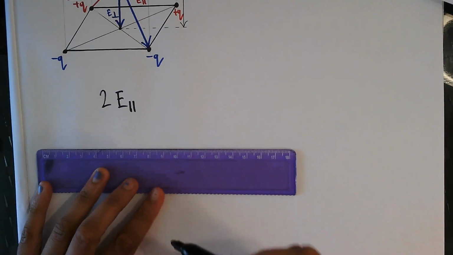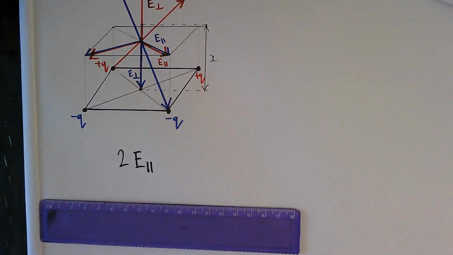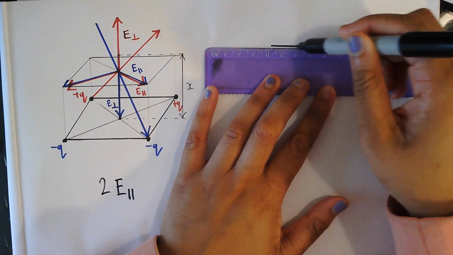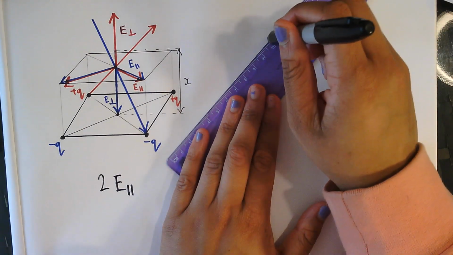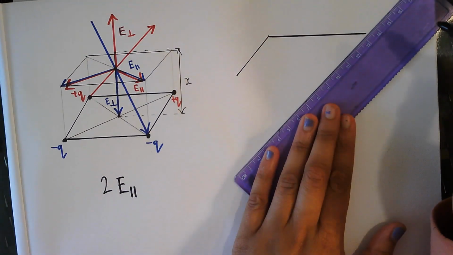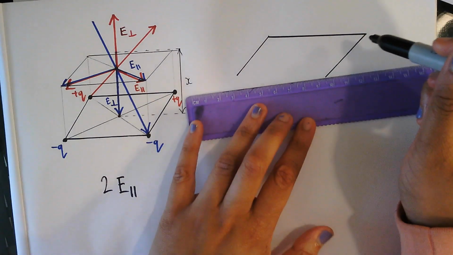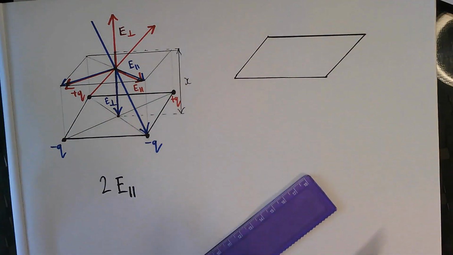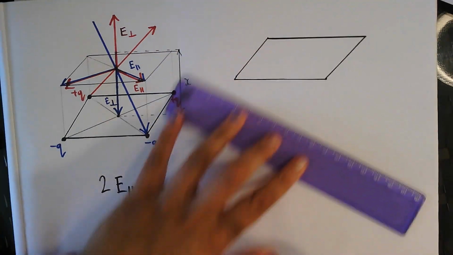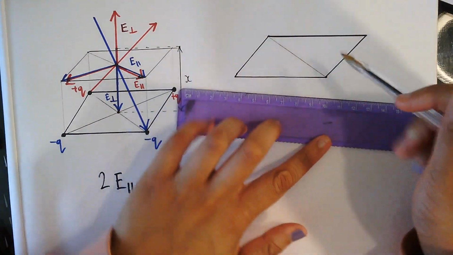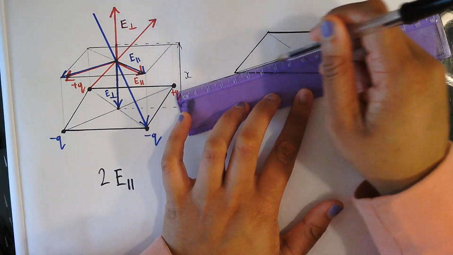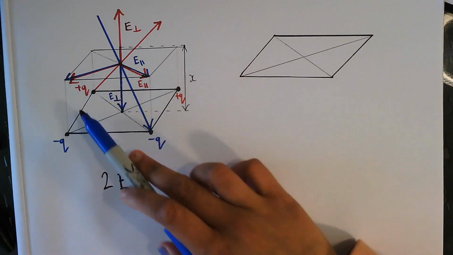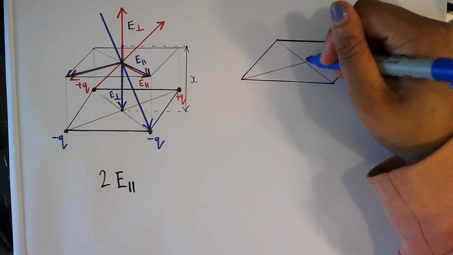So if I draw the plane first, and I'll just draw on the diagonals just to find out where the centre is, so the overall electric field due to all four of these points is going to look like this.